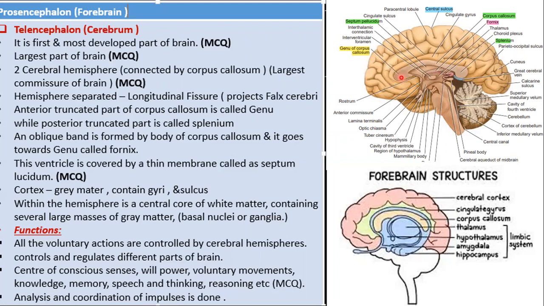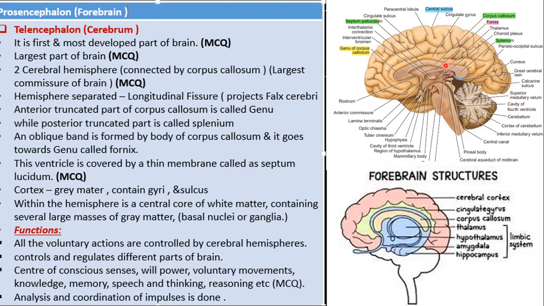Now moving forward, an oblique band is formed by the body of the corpus callosum and it is towards the genu, so it is known as the fornix.